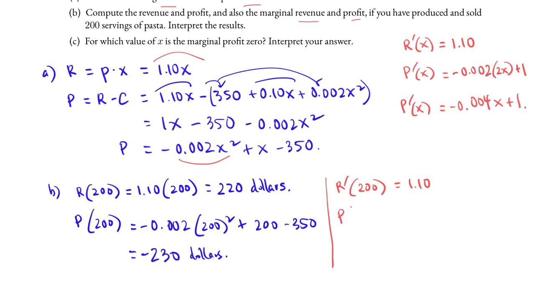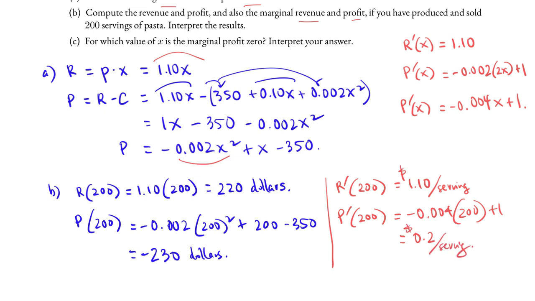P prime of 200 is negative 0.004 times 200 plus 1. Evaluated, we get 0.2. And the units for both marginal revenue and marginal profit is dollars per serving of pasta. Dollars per serving.